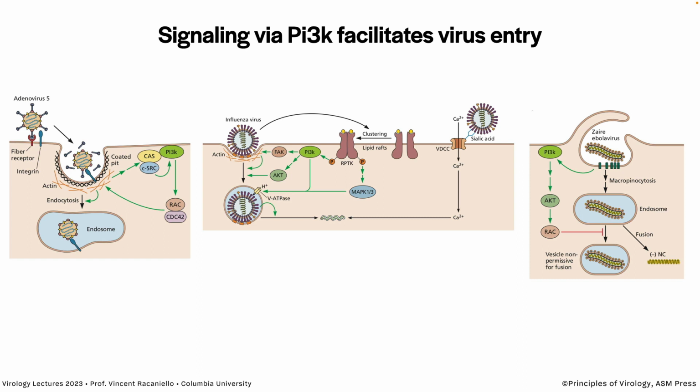It starts to be endocytosed at the very cell surface. And the interaction with the fiber receptor initiates a signaling pathway shown by these green arrows. And you don't need to know the details of the pathway, except RAC, of course. Racaniello protein.